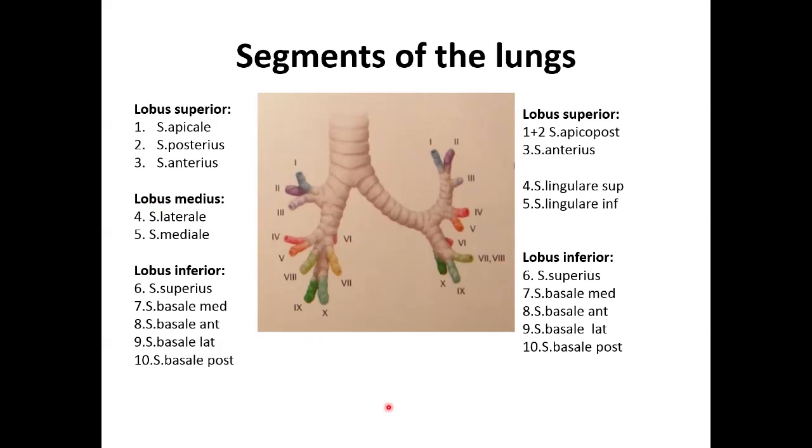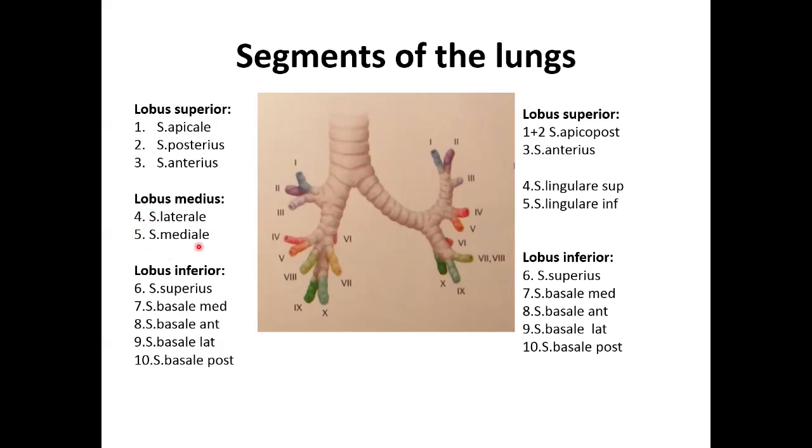Another important question. We should remember the name and the belonging to the lobe. So, segmentum lingulare superior is part of the lobus superior pulmonis sinister.